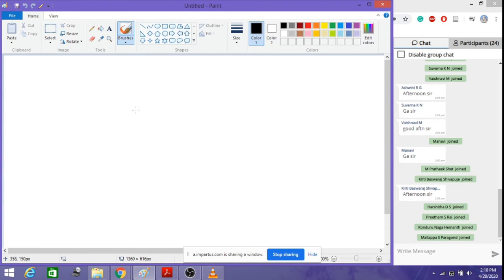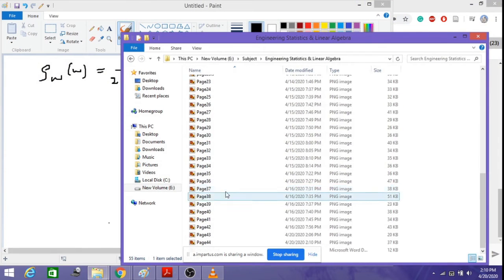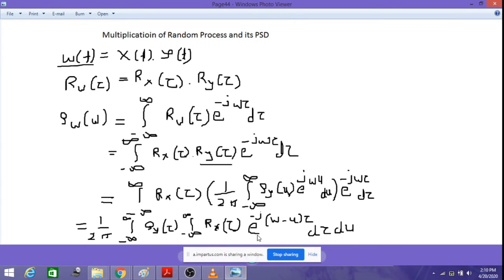So I'll continue in the next page. So then the term will result in S_W of omega is equal to 1 by 2 pi, if you can see from here. This term is nothing but, again, looks like a spectral density equation.